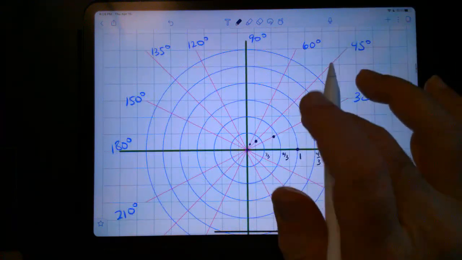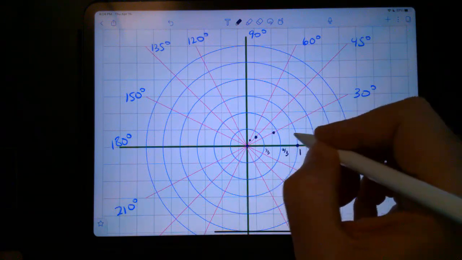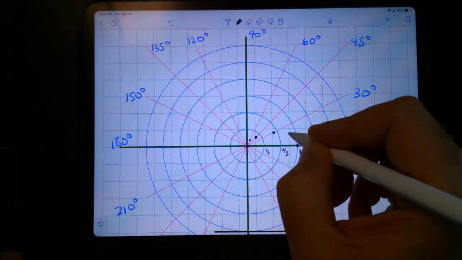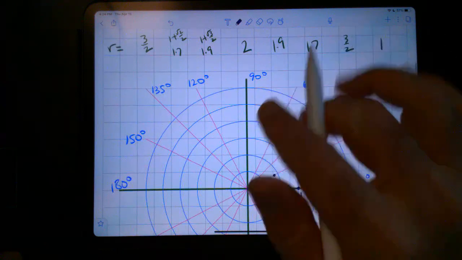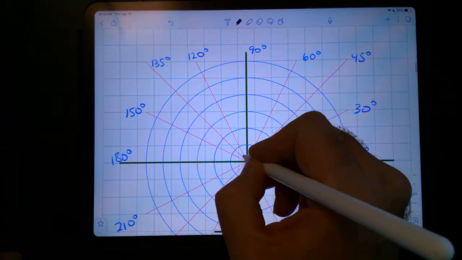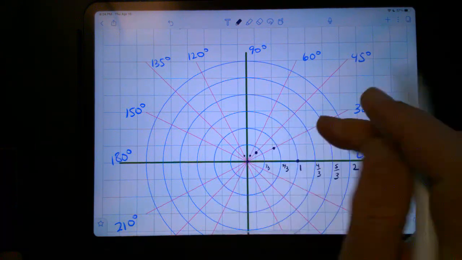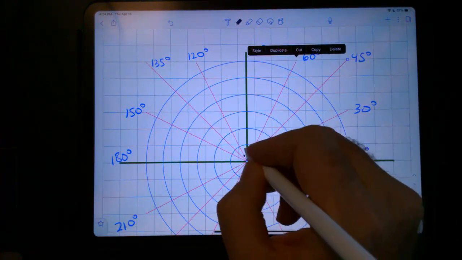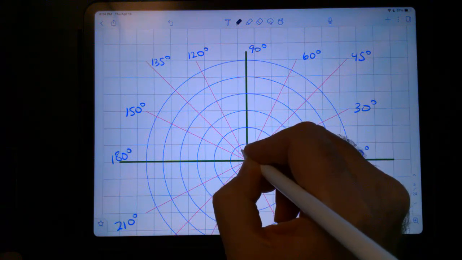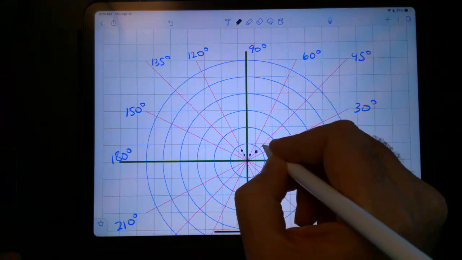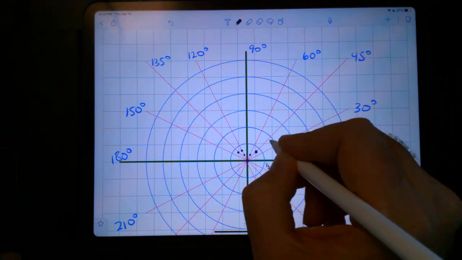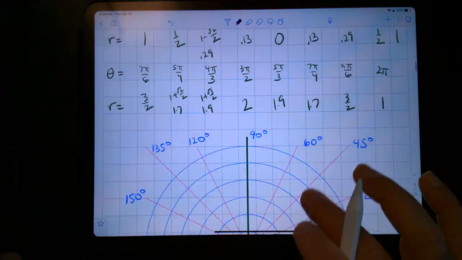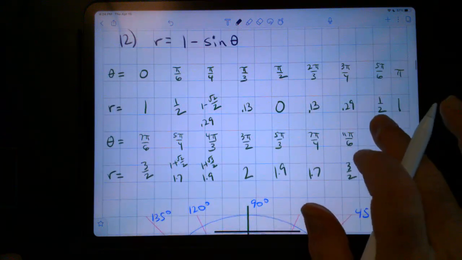And then it's going to 2 pi over 3, it's 0.13. And then at 5 pi over 6, it's going to be 1/2.